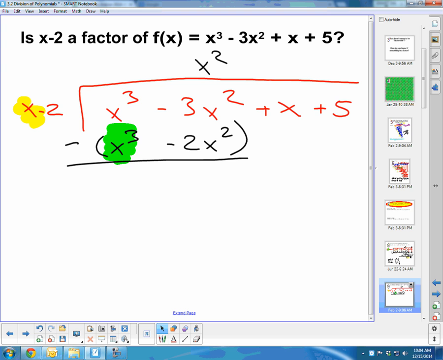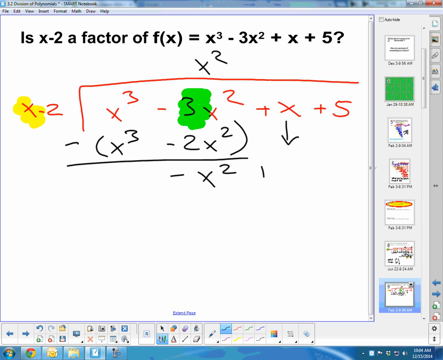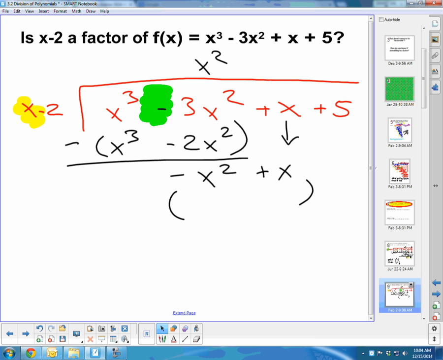X cubed minus x cubed is 0. Then I'll have negative 3x squared minus negative 2x squared. And when I do that, that's really an addition of a negative x squared. Probably need to drop a term down here, so plus x. And once again, my focus changes. I'm no longer on my original polynomial.